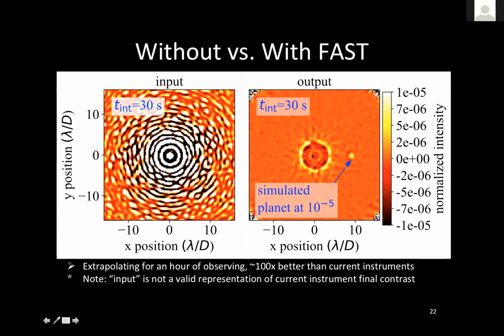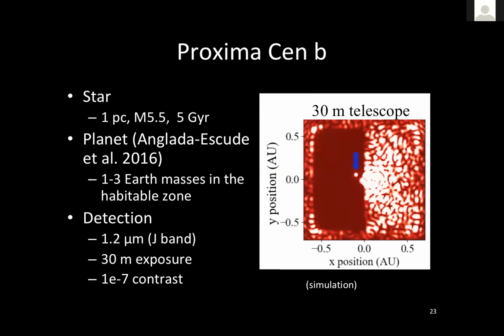But in principle, if we extrapolate this for the hour observing sequence of 51 Eridani b, where I showed before, we could improve by a factor of 100, which is maybe about the gap that we need to reach to detect habitable planets on ELTs.